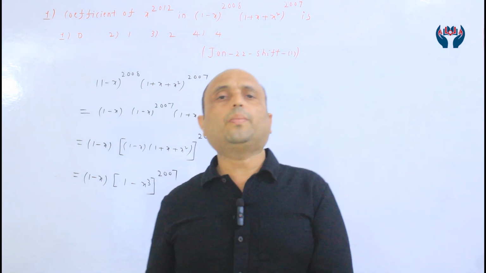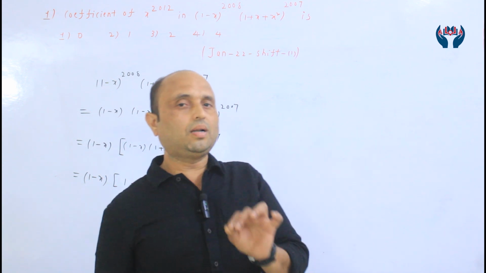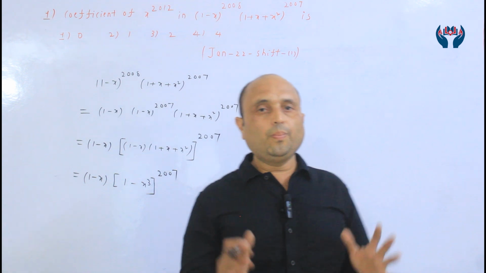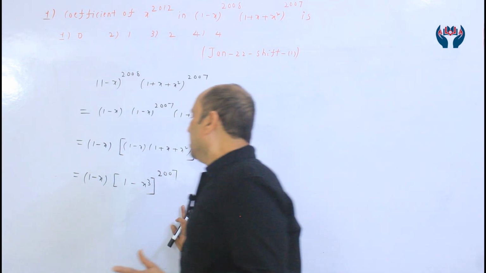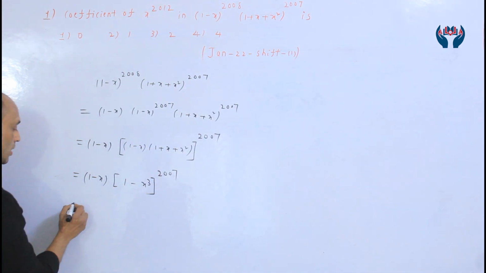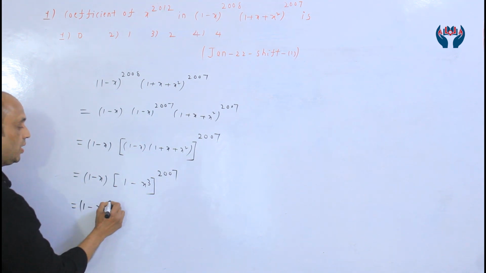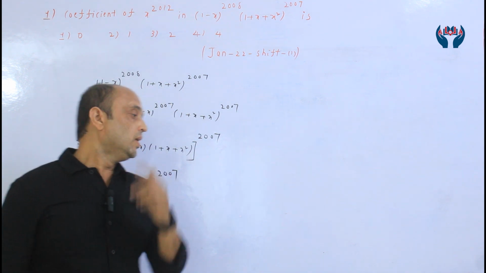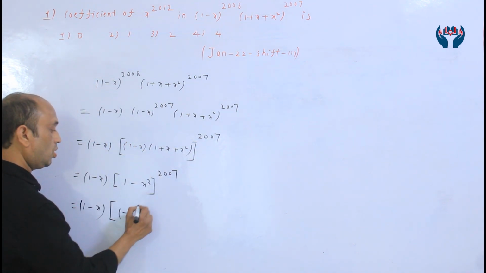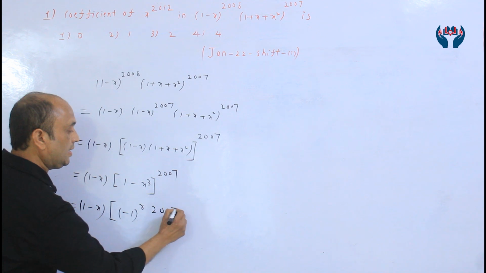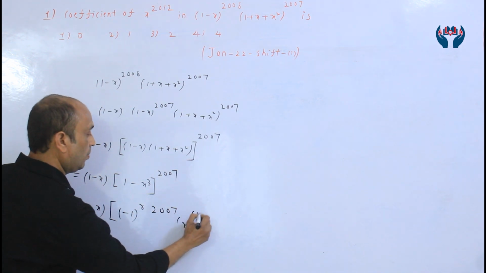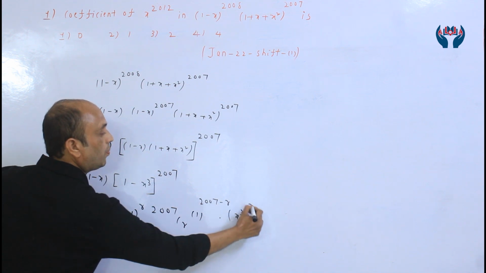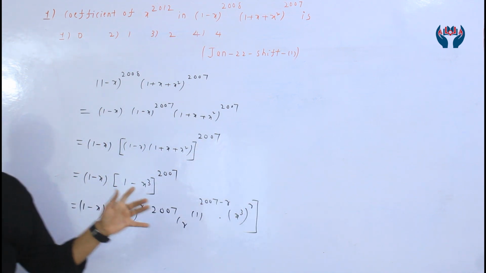This question is completely based on the general term T(r plus 1) in (x minus a) whole power n, which is minus 1 whole to the power of r, nCr, x to the power of n minus r, into a to the power of r.